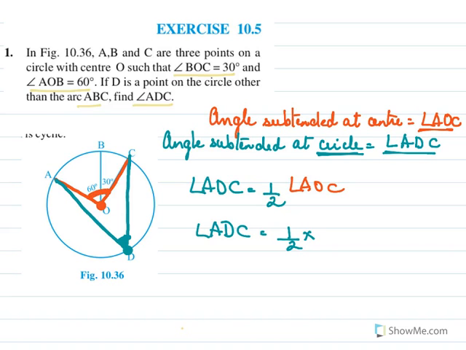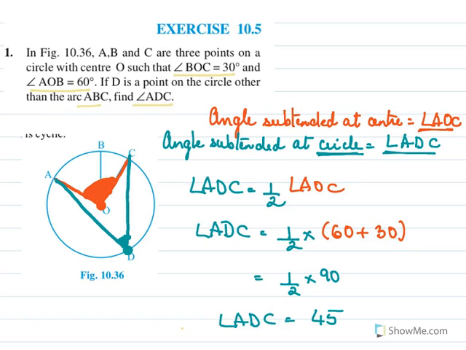We've seen AOC is 60 plus 30, so that is half of 90. So angle ADC equal to 45. So when this full angle is 90, this angle will be 45. Reason, angle at the center is double or twice the angle subtended at the circle.